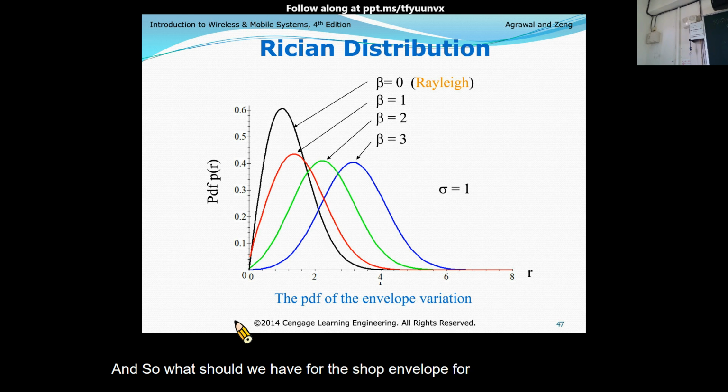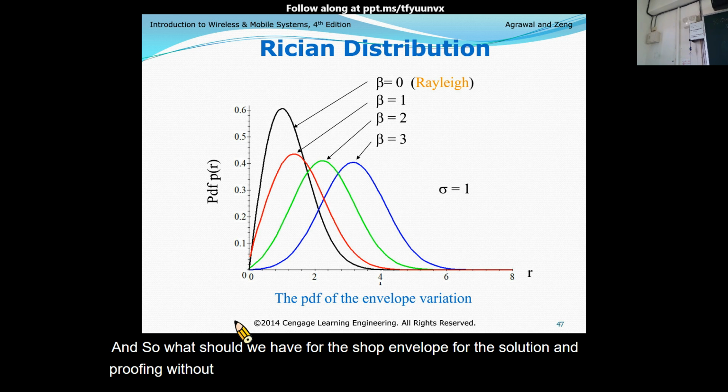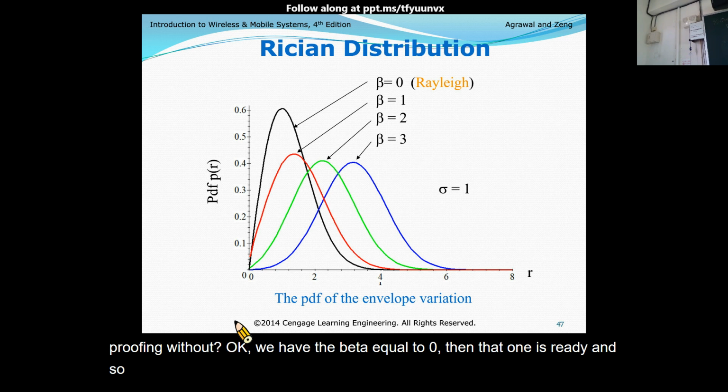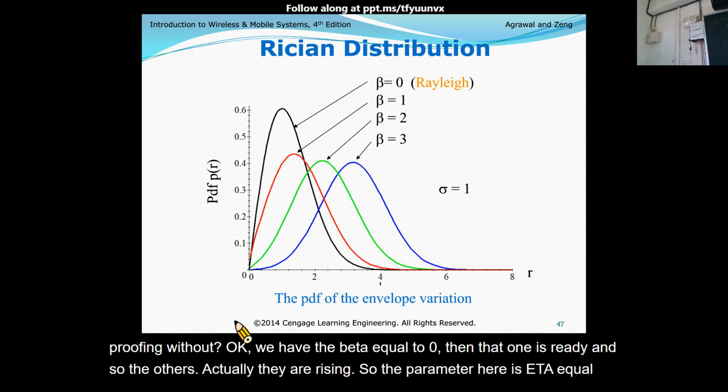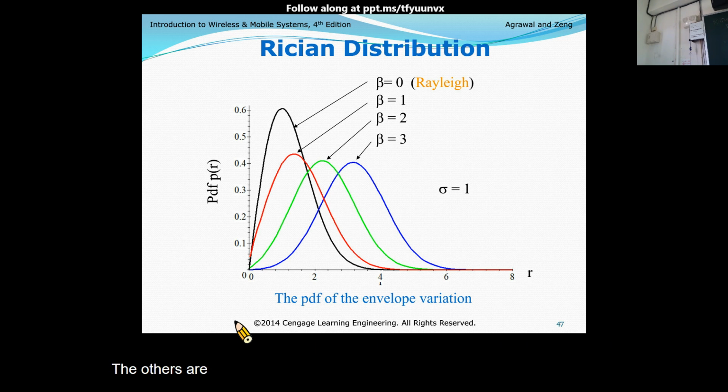When the parameter beta equals 0, then that one is Rayleigh. The others follow the parameters of the Rician distribution.